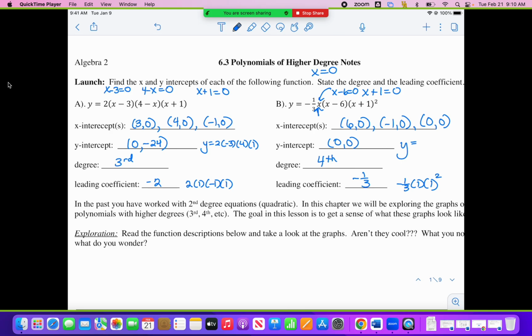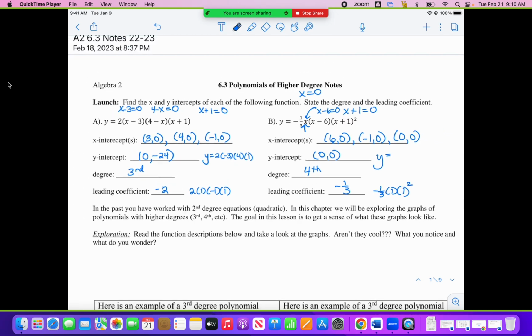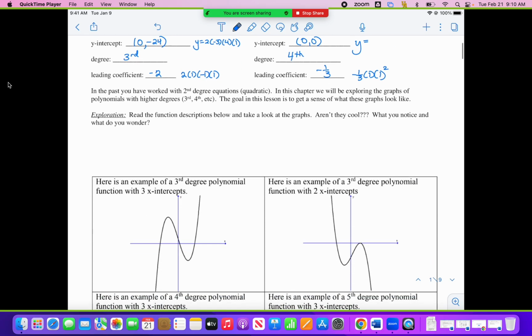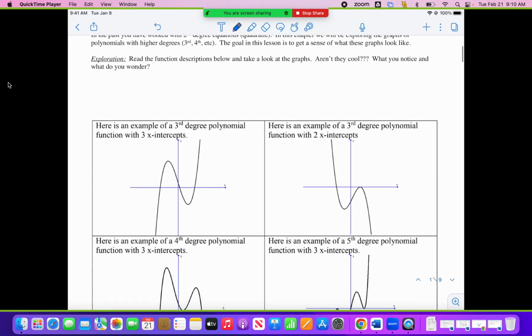In the past, you have worked with second-degree equations, quadratics. In this chapter, we will be exploring the graphs of polynomials with higher degrees, like third degrees, fourth degrees, and so on. The goal in this lesson is to get a sense of what these graphs look like. So here's what I want you to do. I have 4 boxes here, and I want you to read the descriptions.